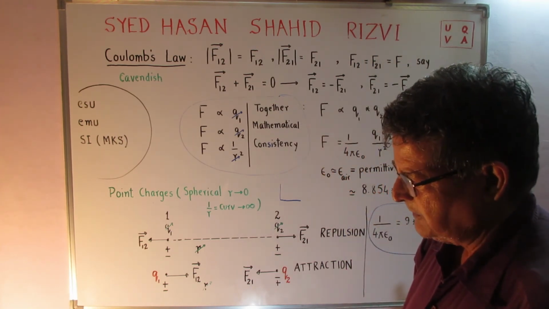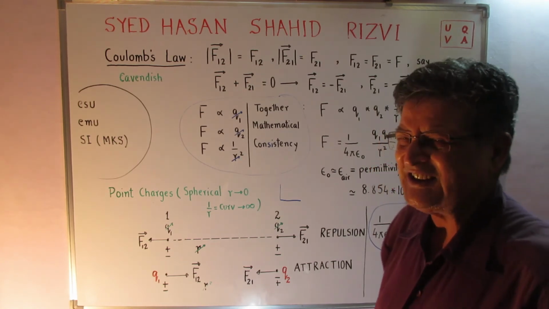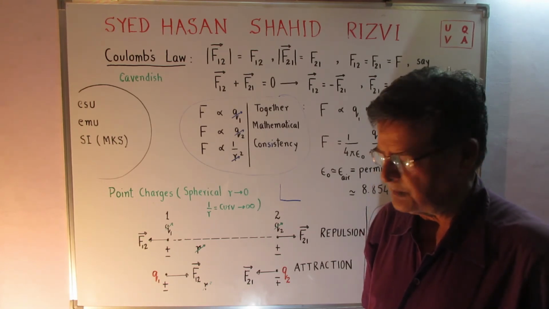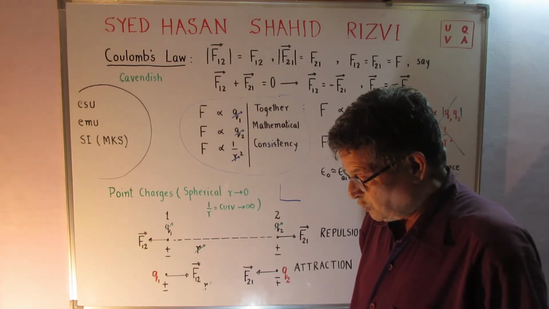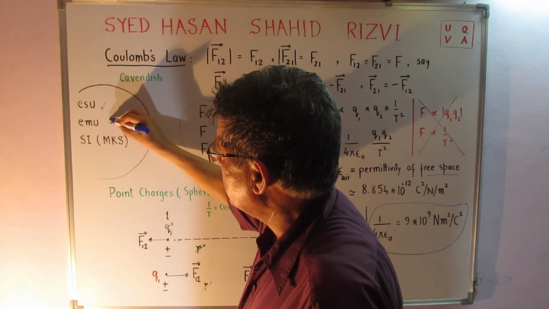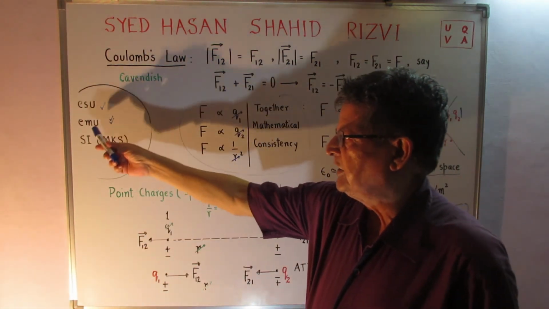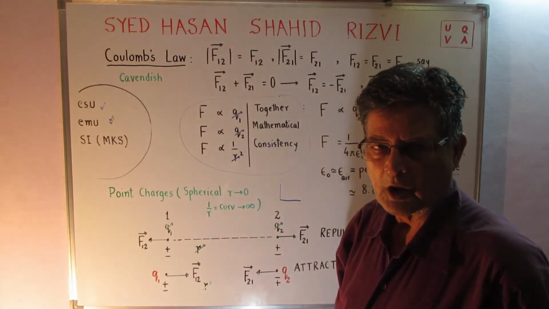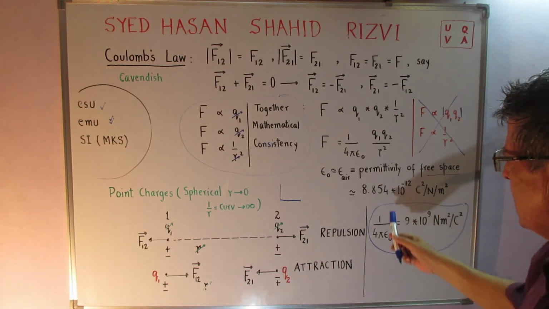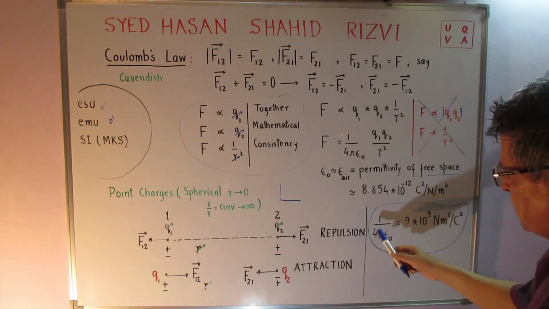When I was a student, the system of units that was there was the CGS system, centimeter, gram, second system. And there were two unit systems, ESU and EMU, used for electric quantities and magnetic quantities. And in those cases, this 4 pi factor in 1 upon 4 pi epsilon naught was missing.